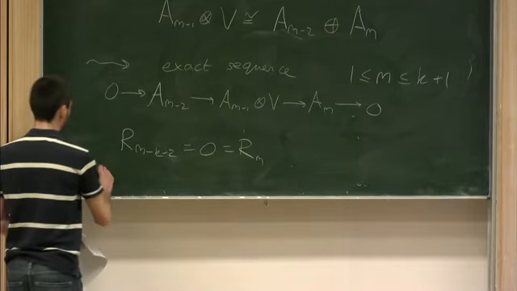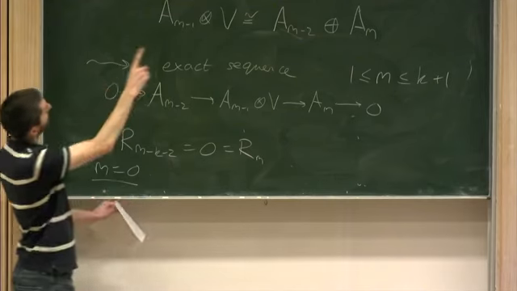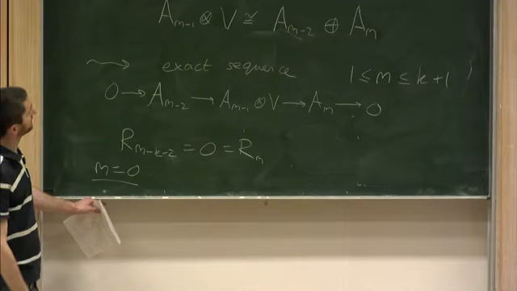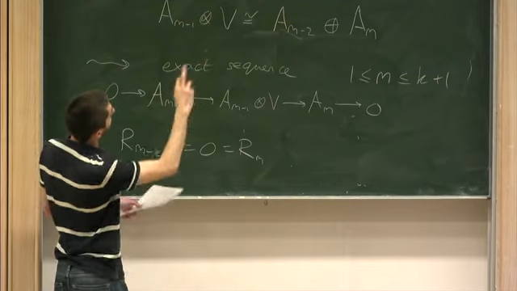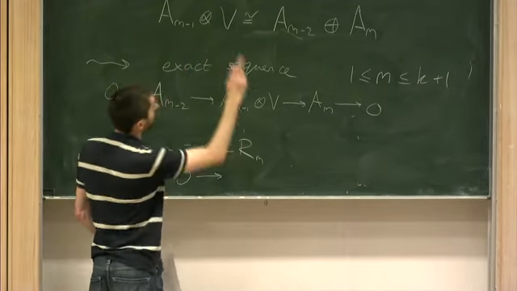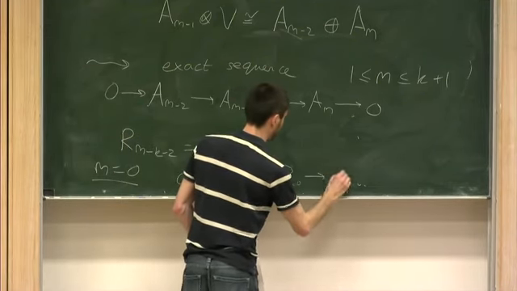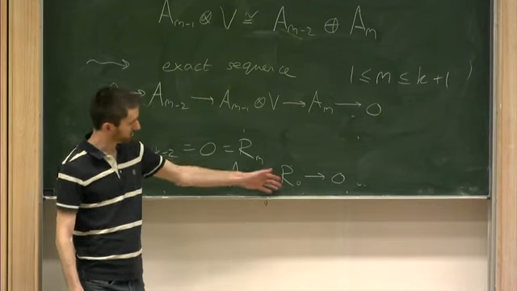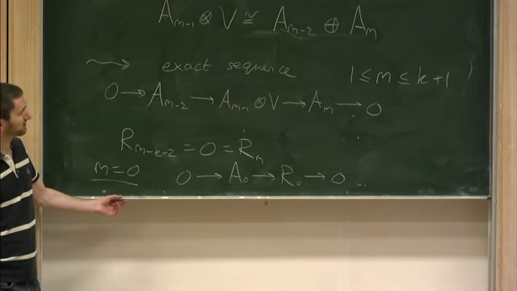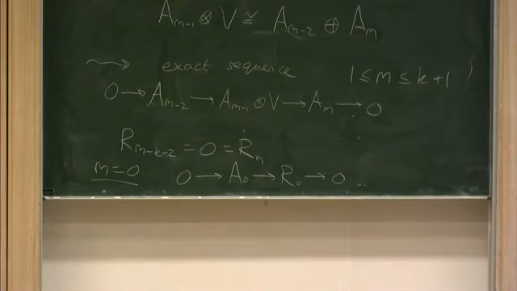For n equals 0, the mth graded piece, or the 0th graded piece, of this exact sequence is, everything is 0 apart from the last two terms. So it just reads as this, and A naught is precisely R, and R naught is again precisely R. So you can see that this is indeed a resolution, this is an exact sequence.